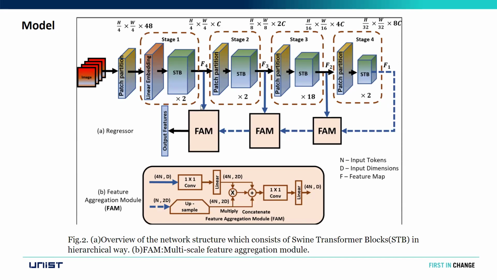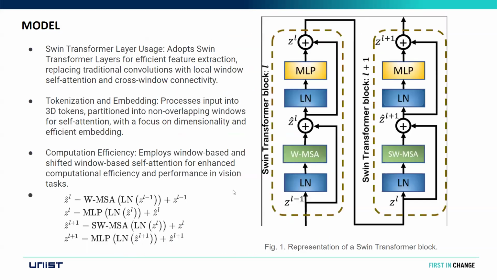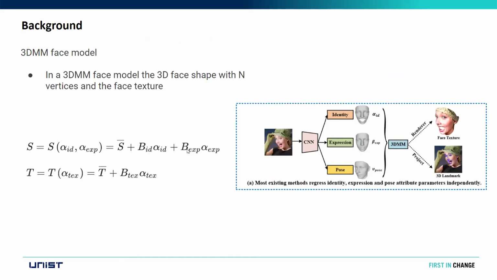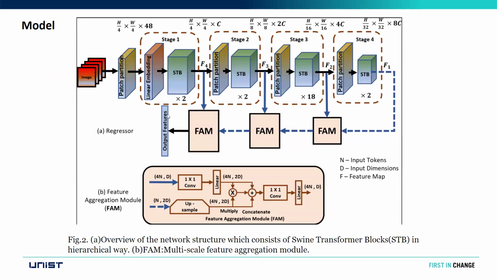The main idea to keep in mind is that this model proposal regresses a number of parameters, which are identity, expression, pose, and also lighting and other parameters. They start with the given image.